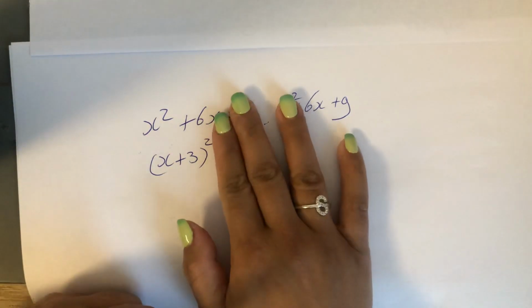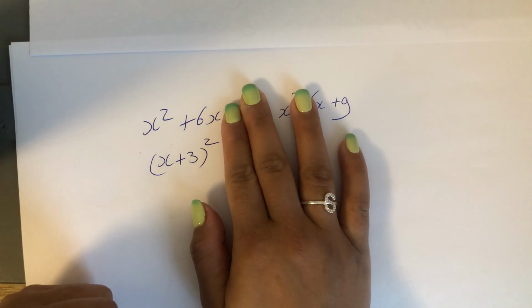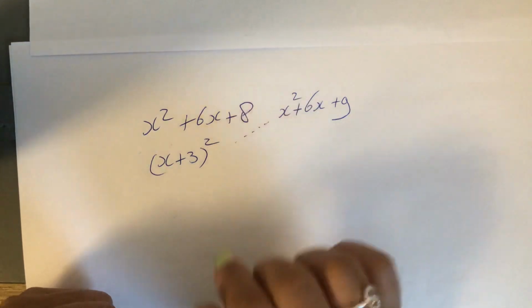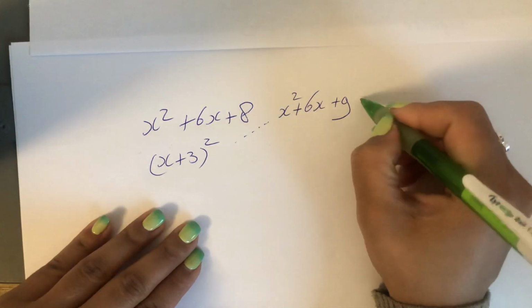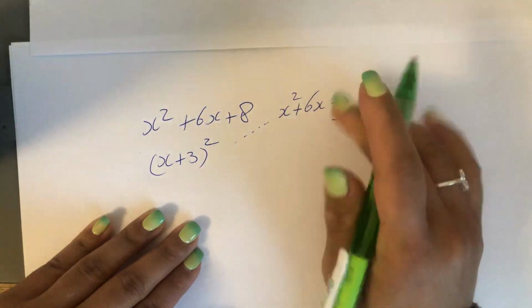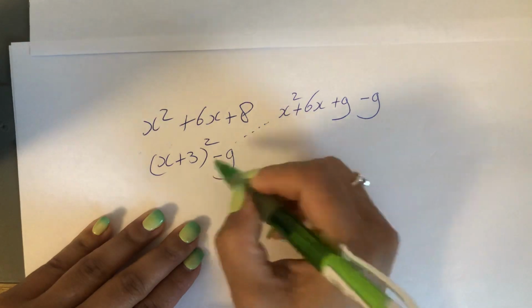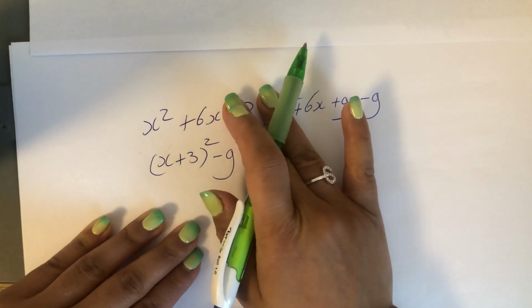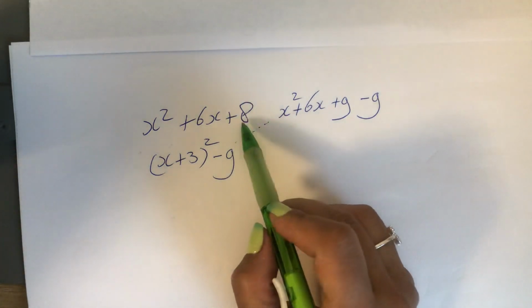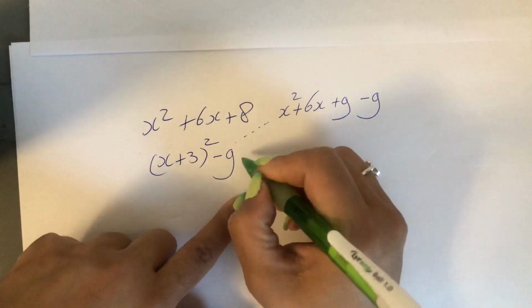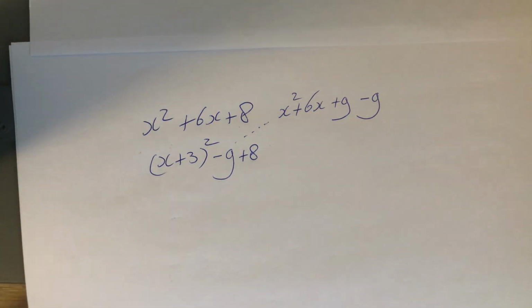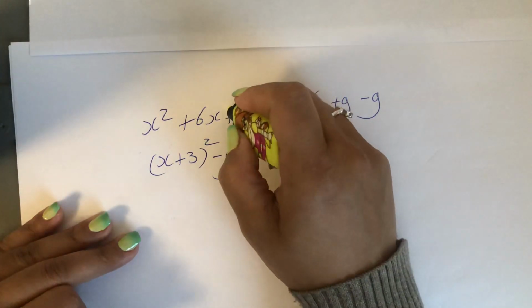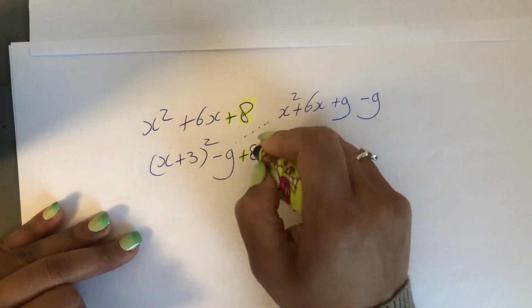To get only the 6x, I must subtract the 9, so I also do minus 9 over here. But then I get only this, and I want to have the 8 there, so once again I have to add the 8. With colors, this plus 8 just goes behind it.